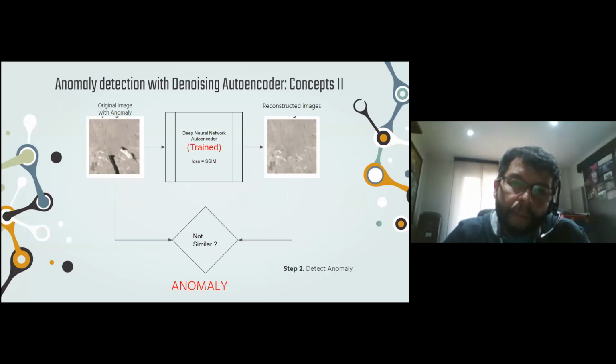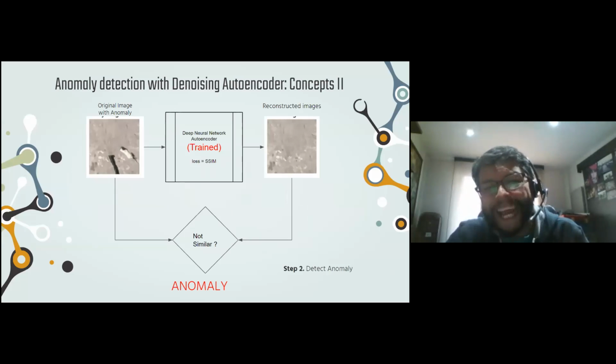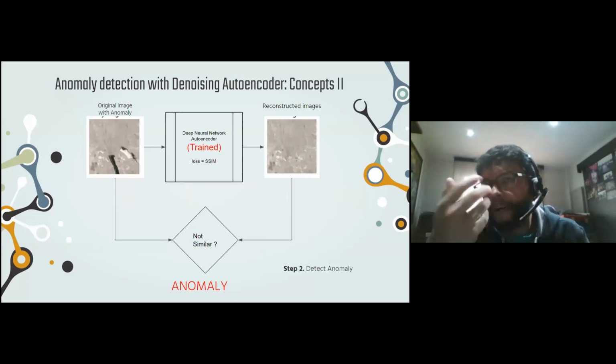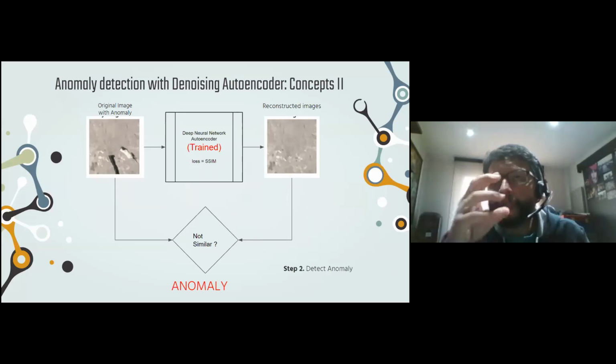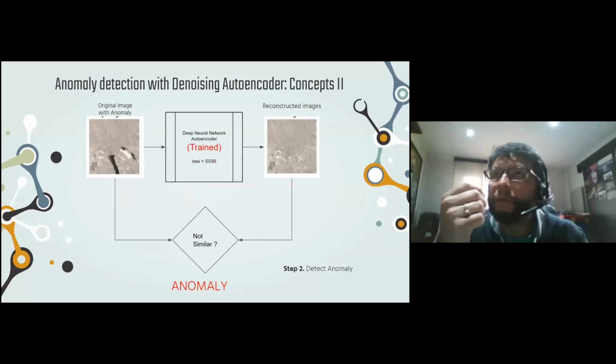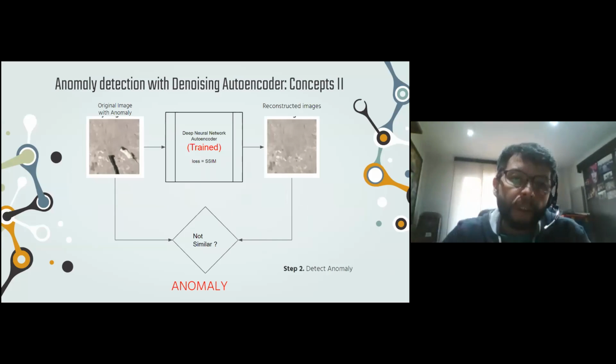What happens when we have the trained deep neural network autoencoder? When we have this deep neural autoencoder, we can put any image in, because we need to determine if this picture has one anomaly in comparison with one normal image. So let's remind that we have in this case the trained autoencoder, and when we put one original image with anomaly, what happens?